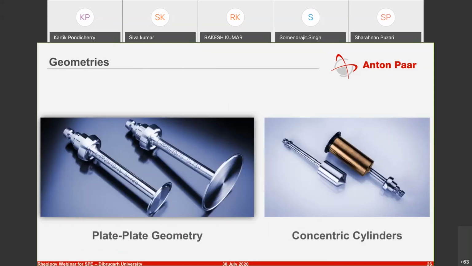So in principle, this is how the accessories would look like. So this is a plate system, plate 25 or plate 50, and this is bob and a cylinder. So this is a concentric cylinder. This part is going to go into this part, and then the gap in between these two, the outer radius and the inner radius, is where your sample is going to sit.